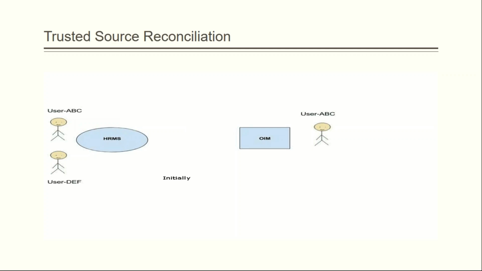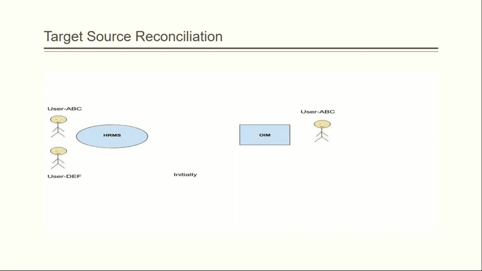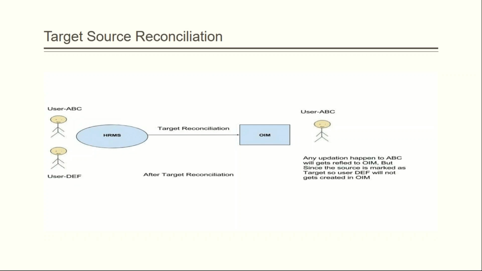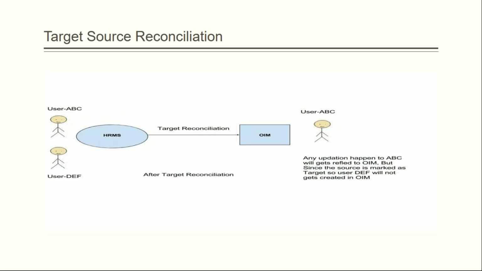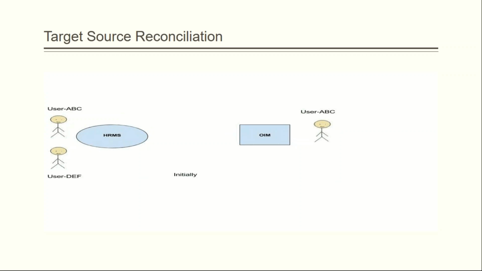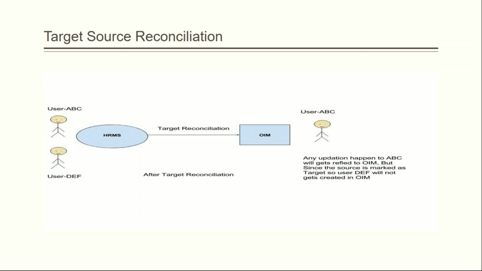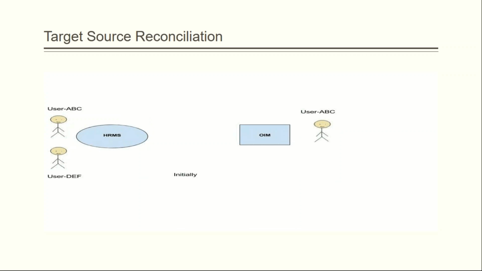Now let's move to the target source reconciliation. Let's say here it is not the HRMS system but some different system. When I am running the target reconciliation, in the same scenario as the trusted source, OIM is going to update the user ABC, but it is not going to create the user DEF.